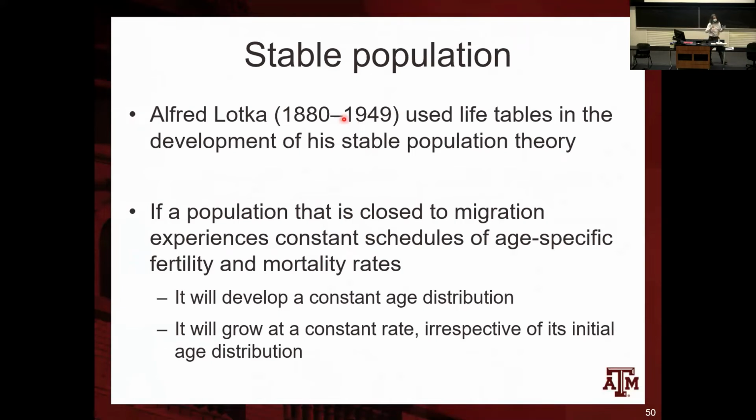If a population that's closed to migration experiences constant schedules of age-specific fertility and mortality rates, it will develop a constant age distribution. Where do I get that from? From the big LxN column. It will grow at a constant rate irrespective of its initial age distribution.